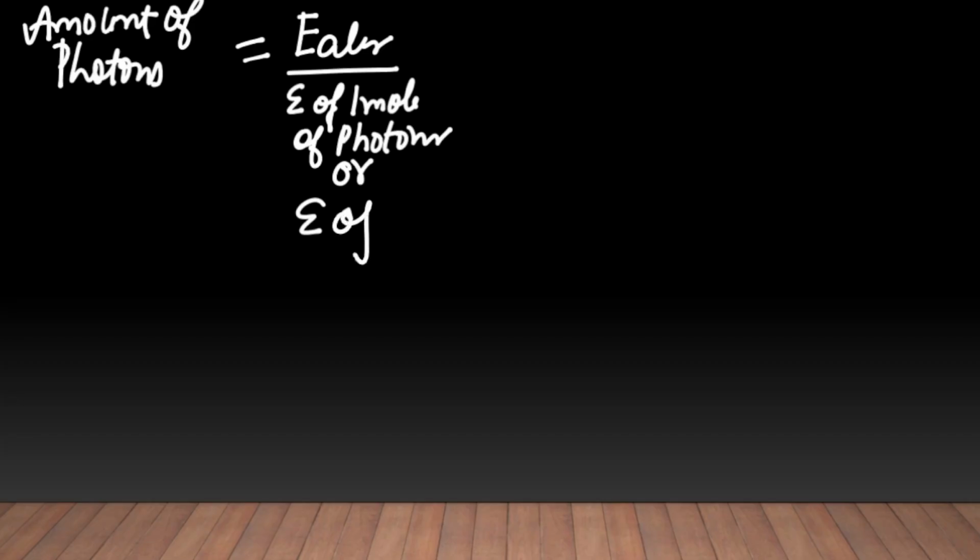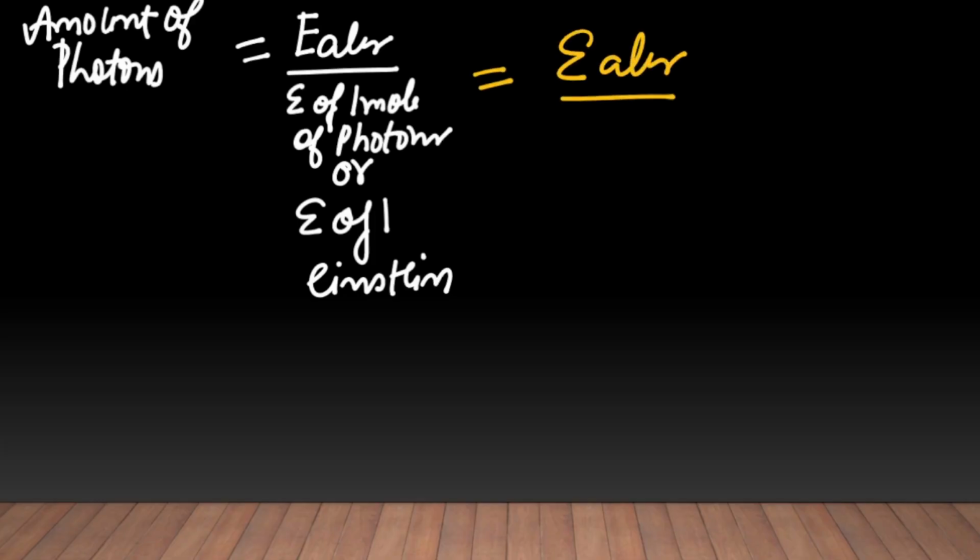So E absorbed, for 1 mole we can generalize it and you get the value as 12 upon lambda, which is the wavelength in centimeters. Okay, so this value you just have to substitute.